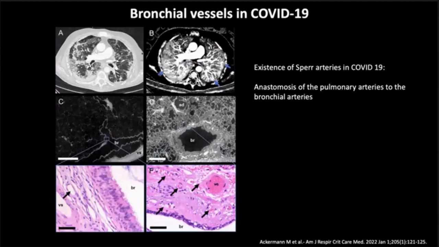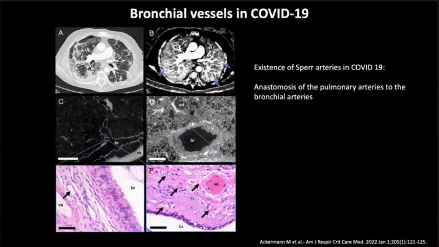This is nicely done here, where we also see a patient with COVID-19 with pronounced changes, the white ground glass opacification and consolidation that you can see here. And using the correlative imaging tools that at that time were developed here by Peter, by Paul, and by Max and Danny, you can really look in a lot of detail at the changes that are going on. You can see here in the airway, they were able to prove the existence of so-called sperarteries, which is anastomosis of the pulmonary arteries to the bronchial arteries.